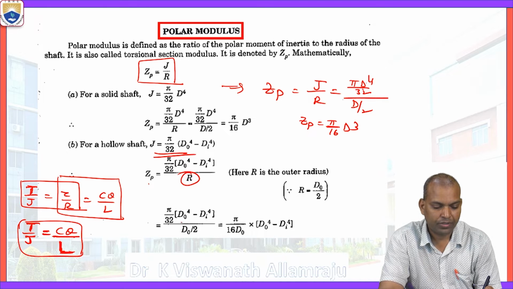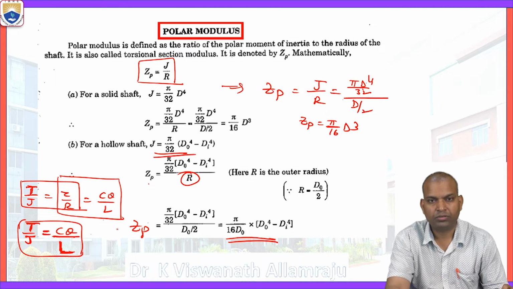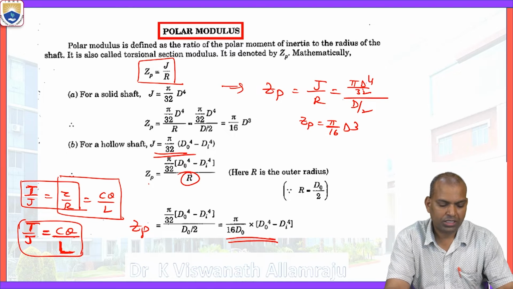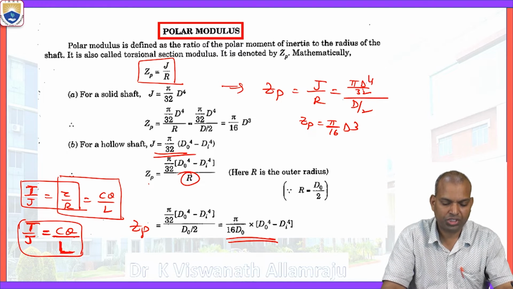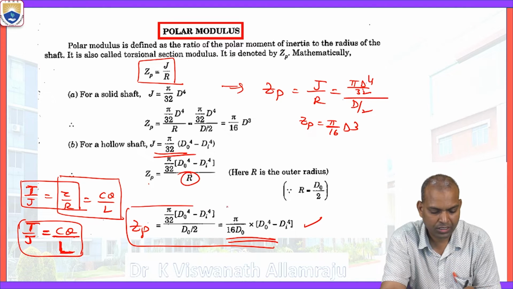In the place of J, substitute pi by 32 times do power 4 minus di power 4, and R is do by 2. After substituting the values of J and R, the section modulus Zp equal to pi by 16 do times do power 4 minus di power 4.